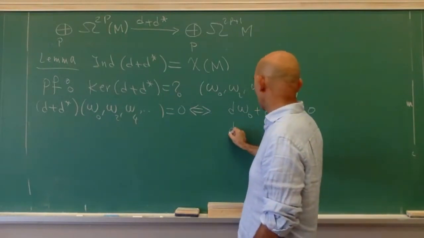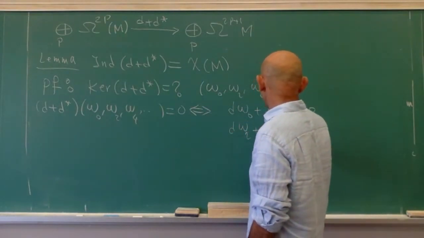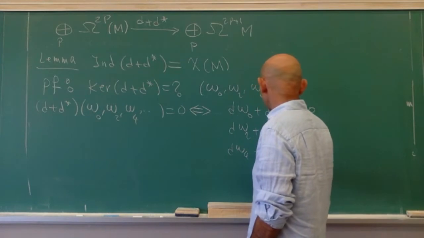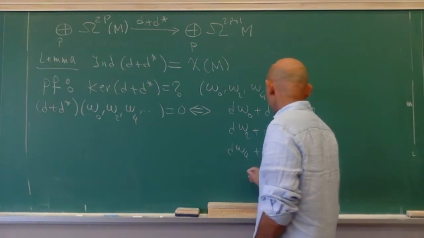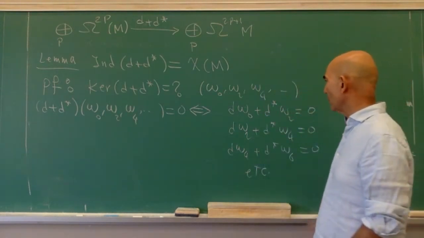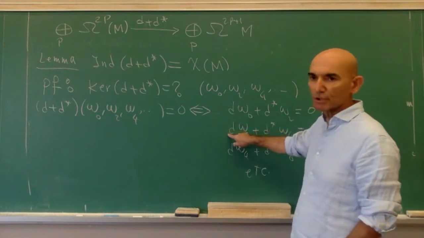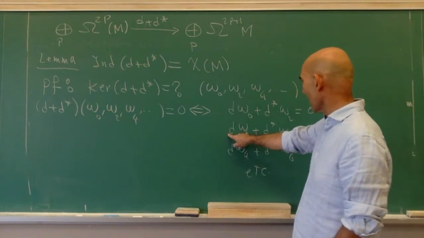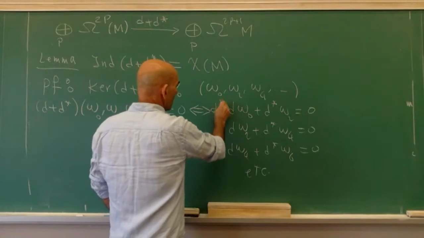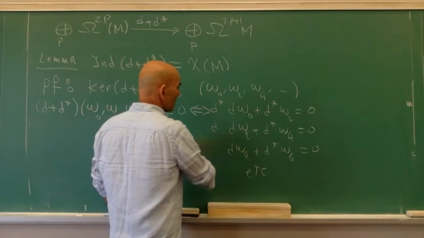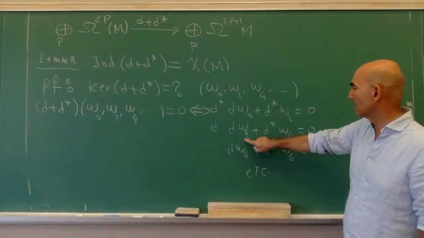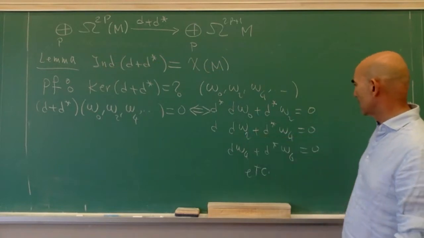And then we have d omega 2 plus d star omega 4 has to be 0. d omega 4 plus d star omega 6 has to be 0, etc. Now you apply d star to this and d to this equation, and add them. Because d star squared is 0 and d squared is also 0, we get what?